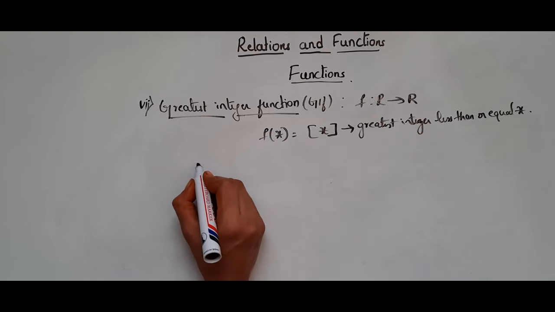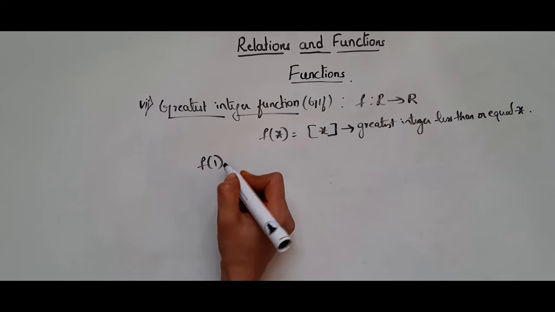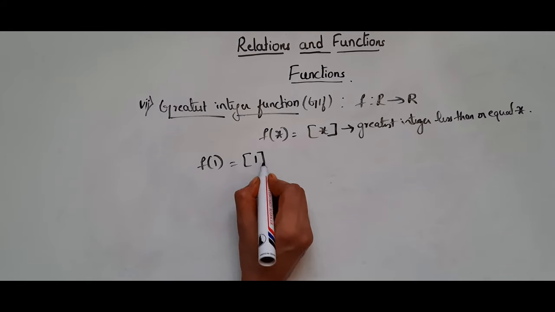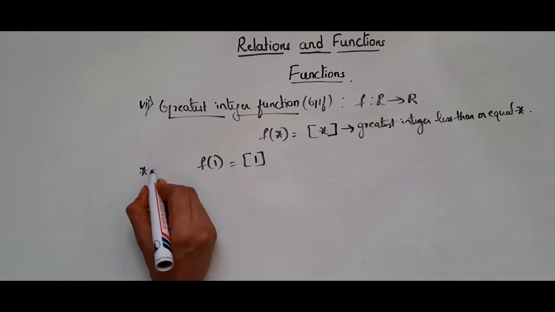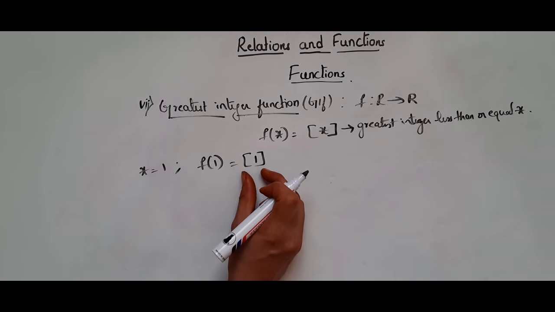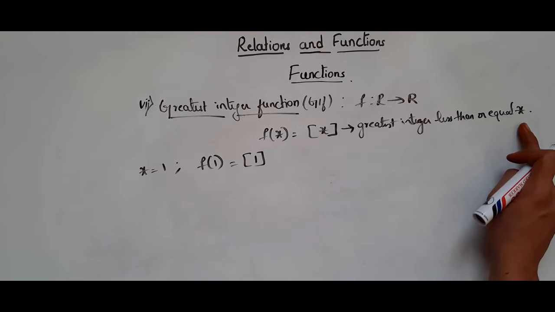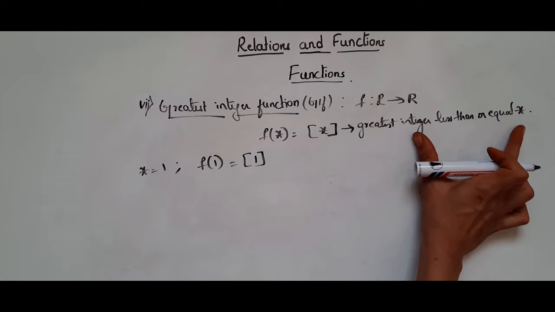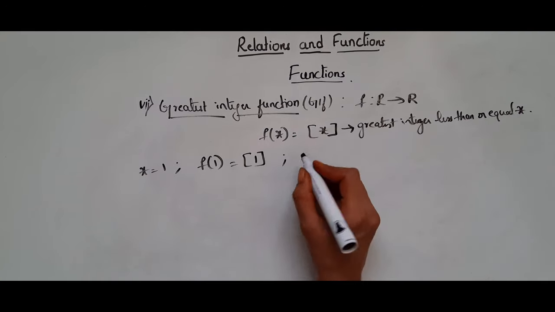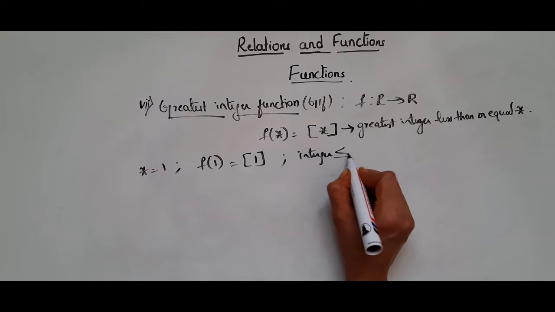Let me give an example. Let's take f of 1, where x is equal to 1. So what is the value of this? Here it says it should be the greatest integer less than or equal to x. First let's see what the integers less than or equal to x are.